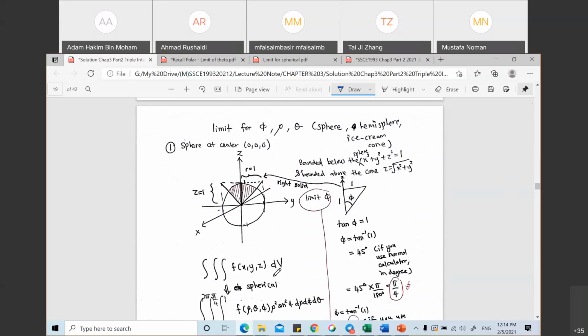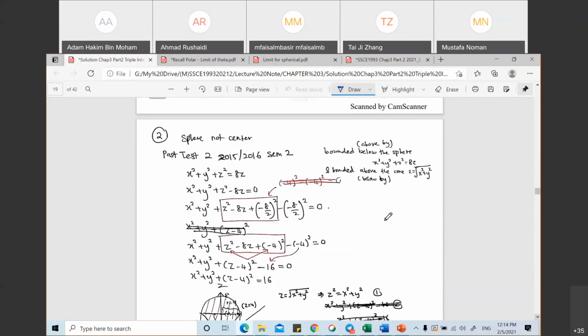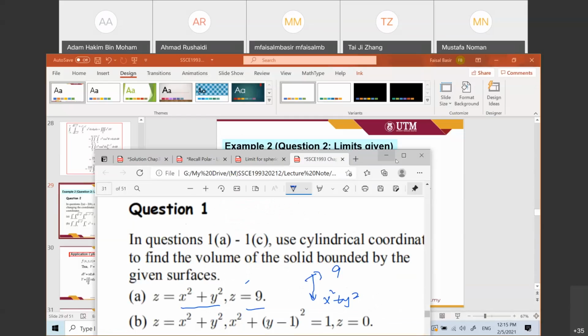Okay, this dV will change to rho squared sine phi d rho d phi d theta. I think this is a little bit different. Let me go to the notes so that you can understand.